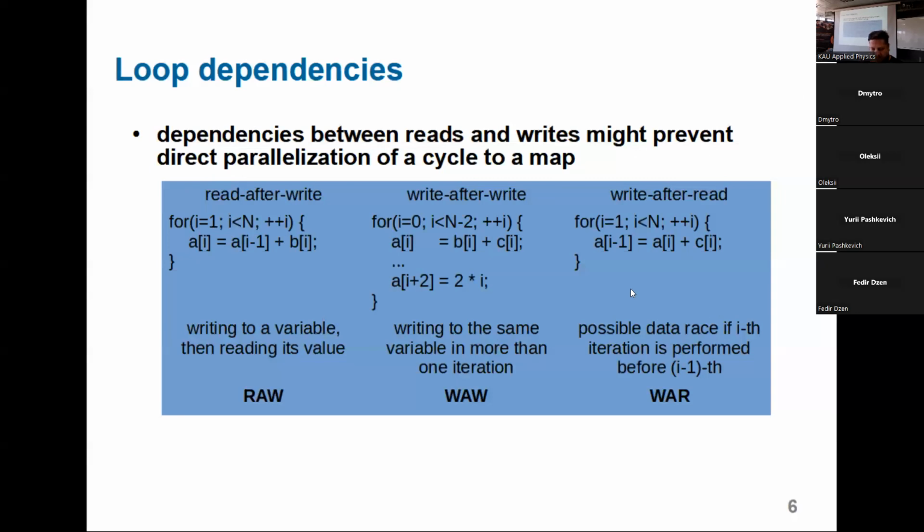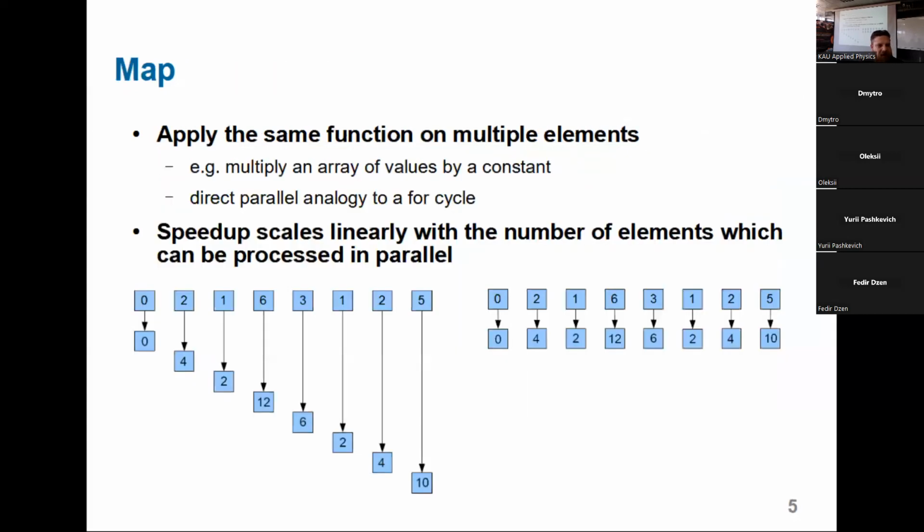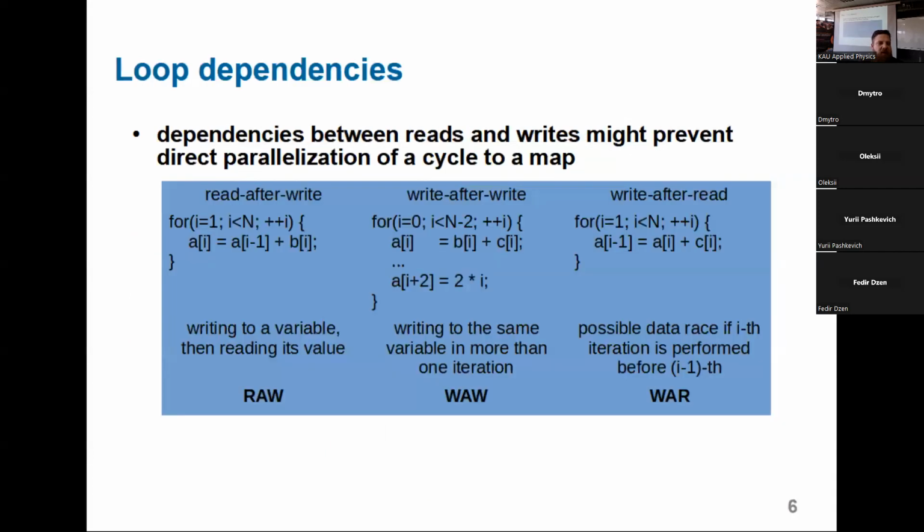So again, this was the idea of map, which is the easiest equivalent of a for loop or a while loop. But even with this easiest equivalent, we're already encountering some gotchas coming from the fact that we're doing more stuff at the same time.